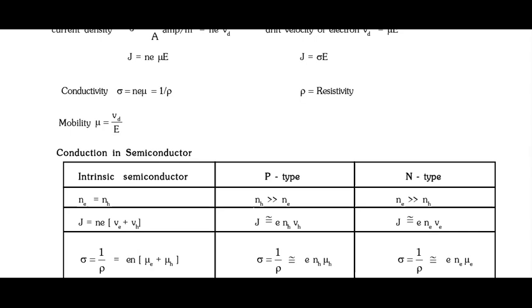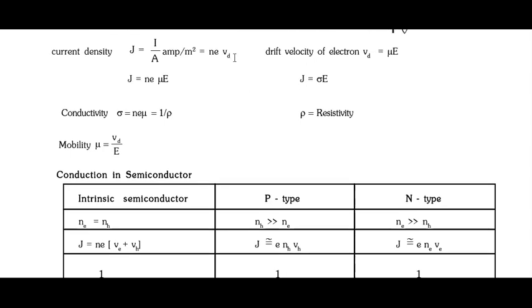But in case of semiconductors, we have two different charge carriers, which are holes as well as free electrons. So when I talk about total charge density, I hope everyone remembers this. Charge density is n e Vd, where Vd is drift velocity, which is mu E.